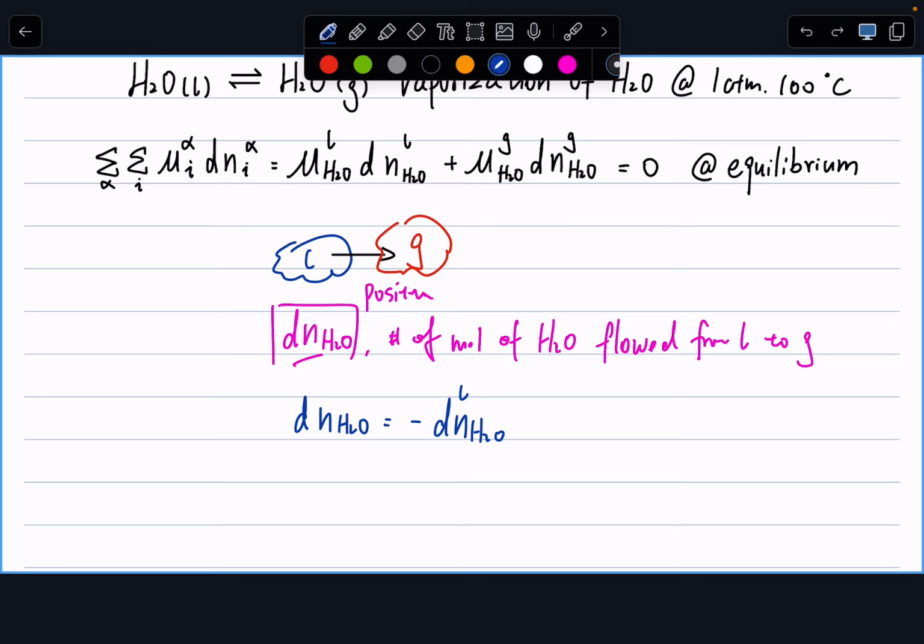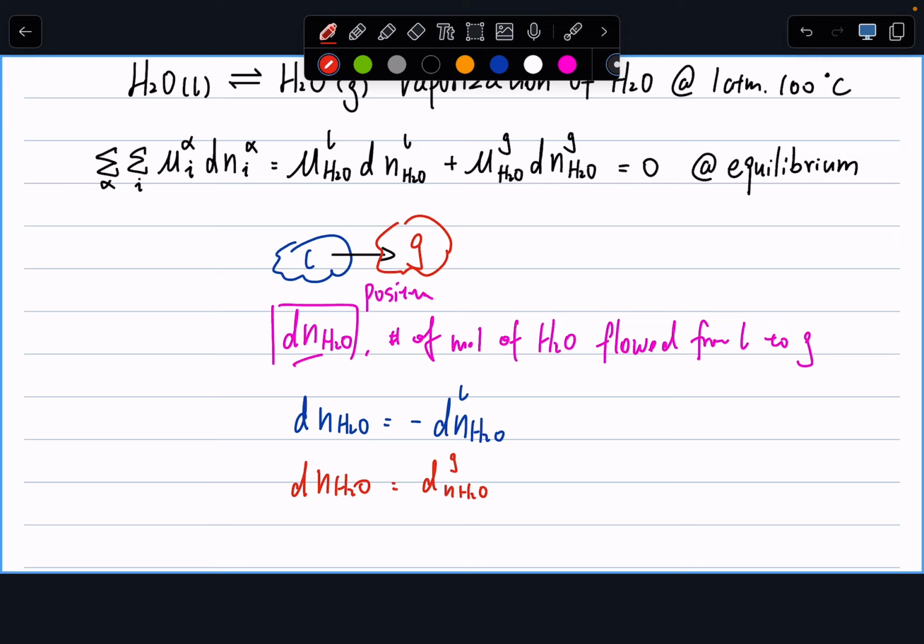And also, we have dnH2O equals dn of the gas H2O, right? So this amount of water has been transferred to be gas, right? So the number of moles of my gas phase water is increasing. So that's a positive number. So this one is negative, this one is positive, and these are positive.